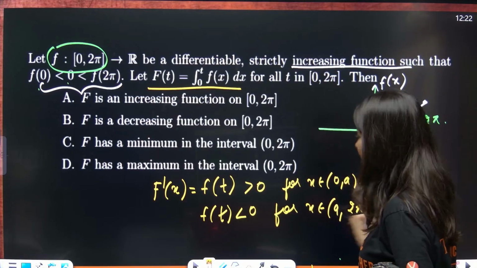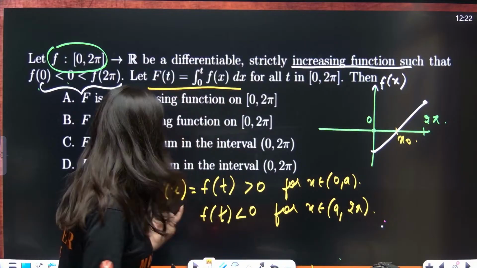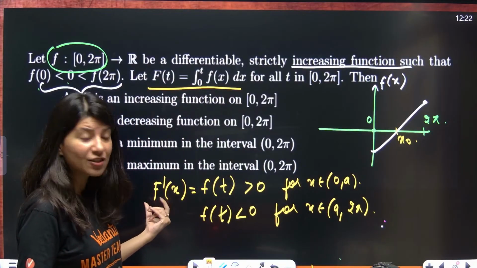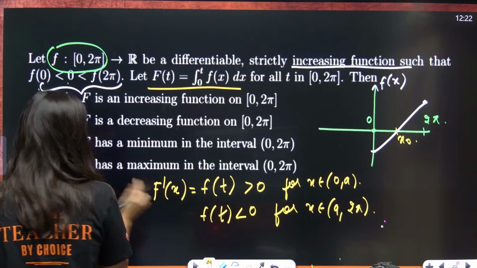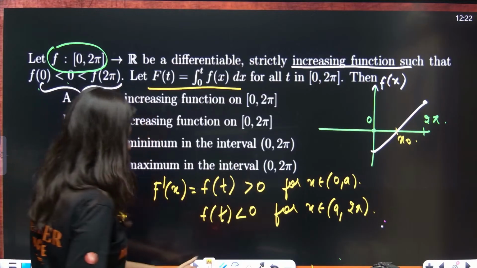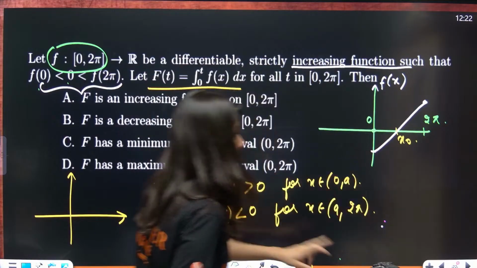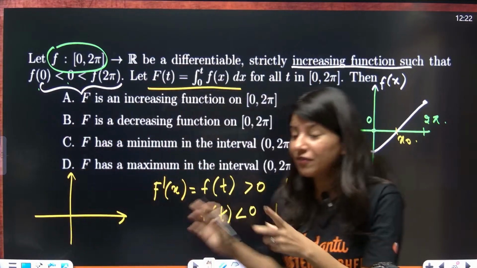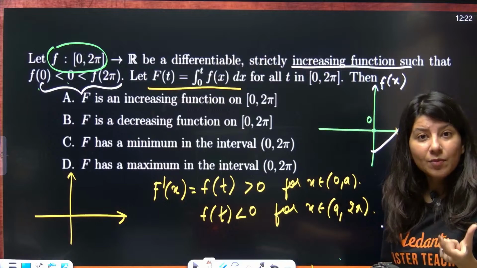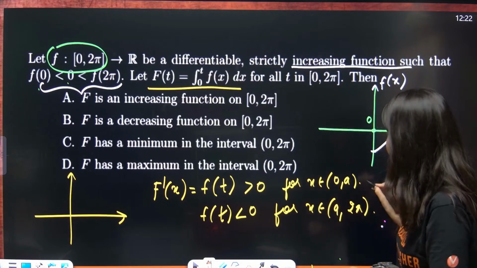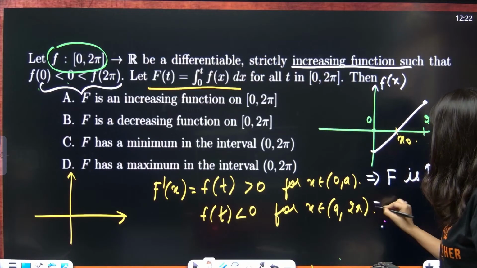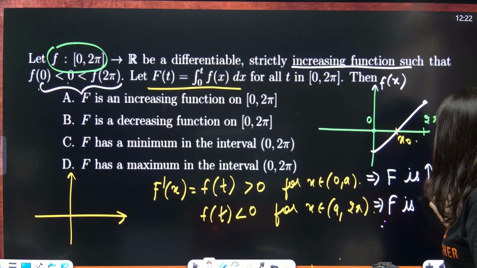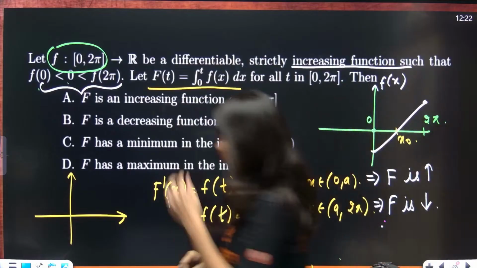Now what is happening with F dash x? F dash x is positive in the first half. If F dash x is positive, that means capital F is increasing in this interval and decreasing in this interval, right?